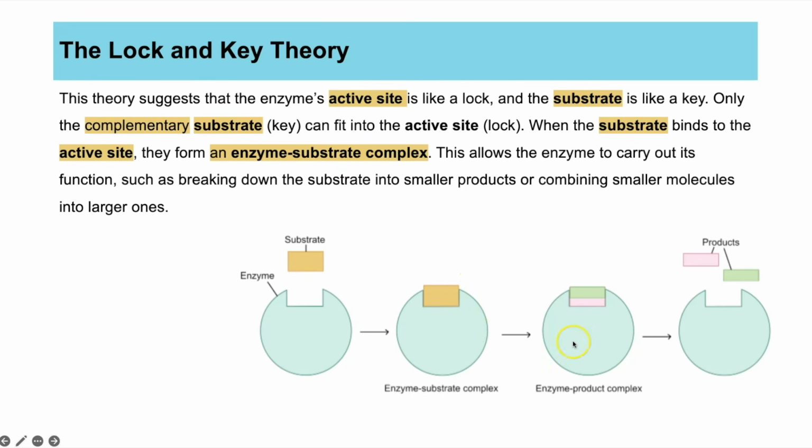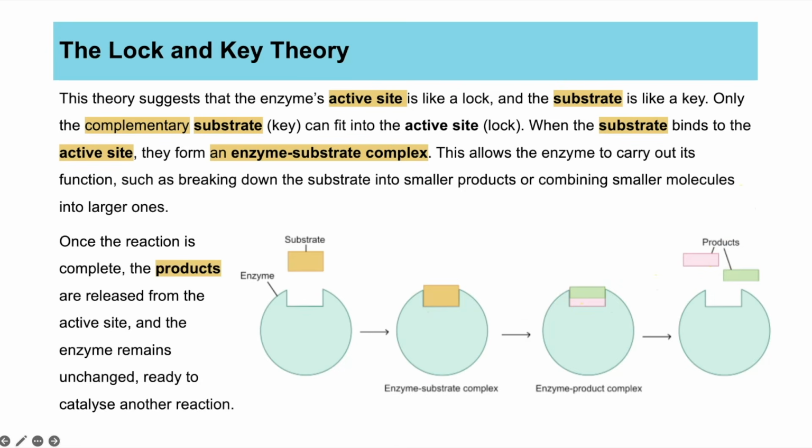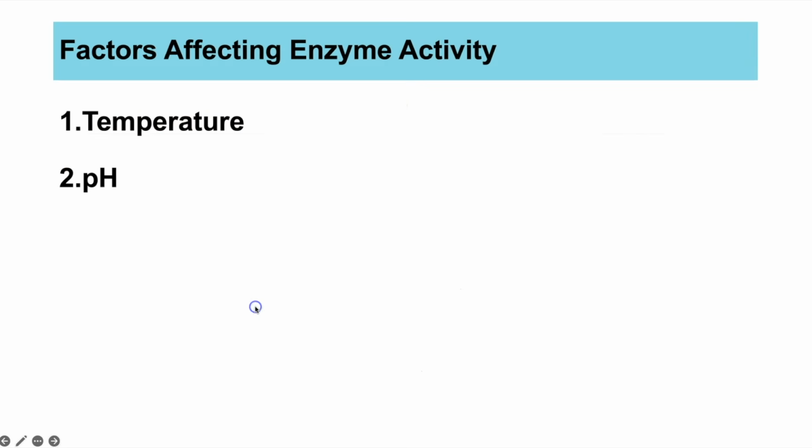Once the substrate has been broken apart or joined together, depending what type of reaction it is, we then get an enzyme product complex, and it's a slightly different shape to the substrate, so it then is released. Once the products are released from the active site, the enzyme can then be reused to catalyze that reaction again, assuming you still have more substrate to react with. So the enzyme is unchanged, it doesn't get used up, and it's just there to catalyze the reactions.